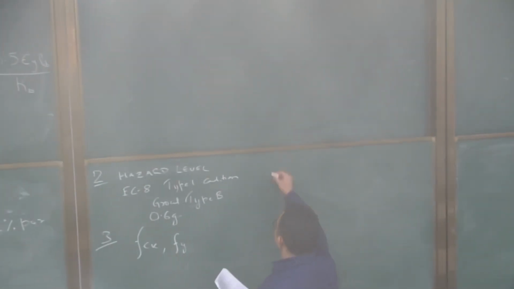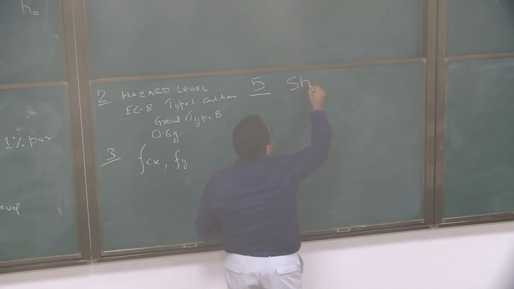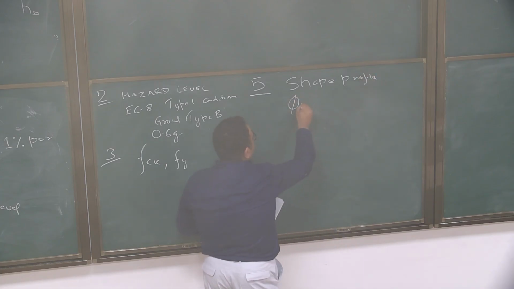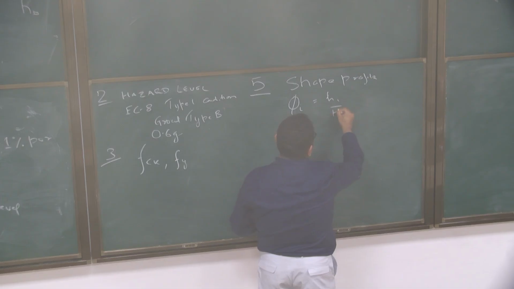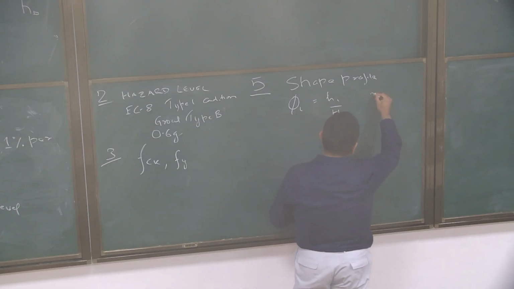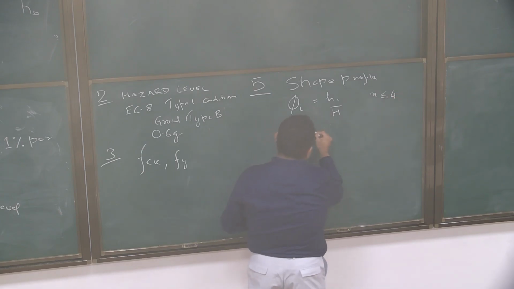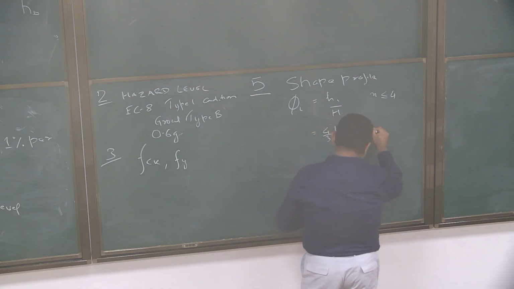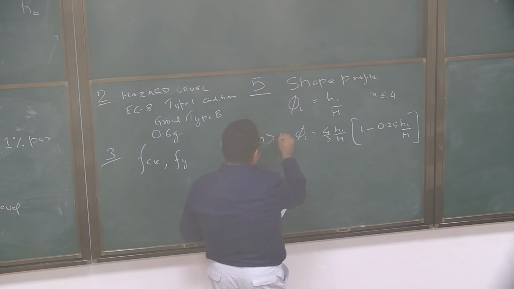Now, step 5, which will seem similar, would be to take a shape profile, which is phi i, and again phi i is hi over h for stories less than or equal to 4, or 4/3 hi over h for stories greater than 4.